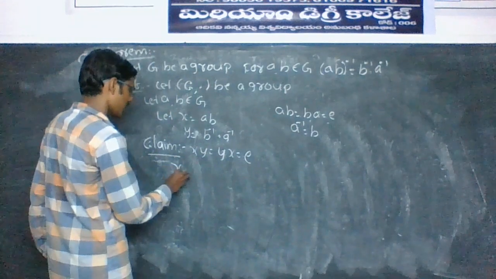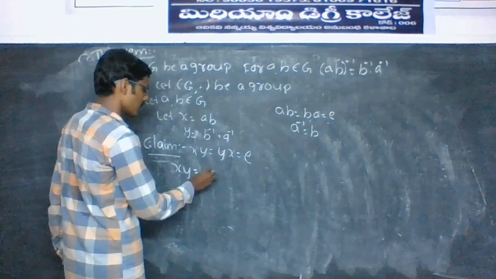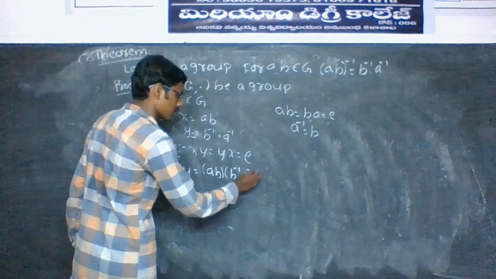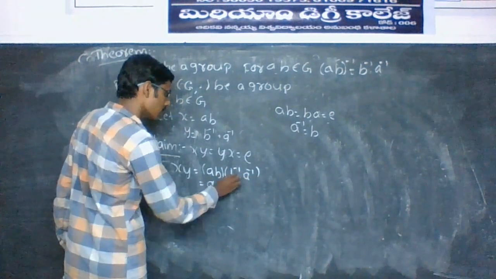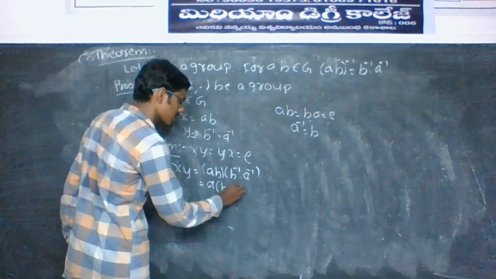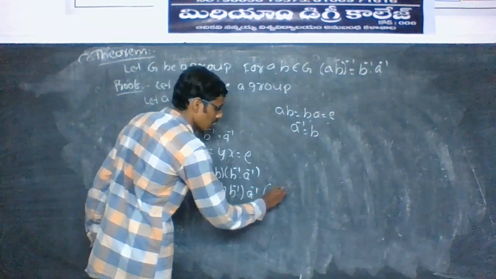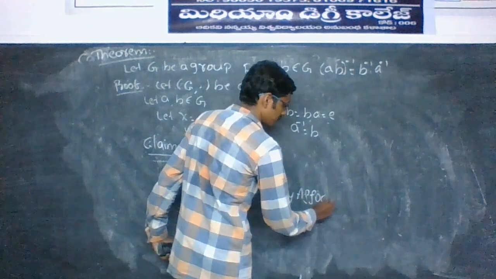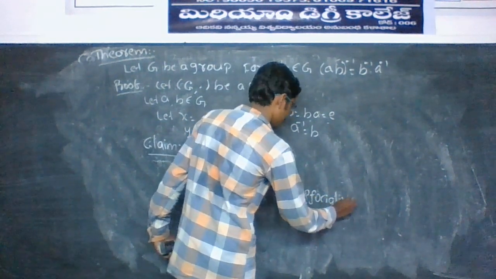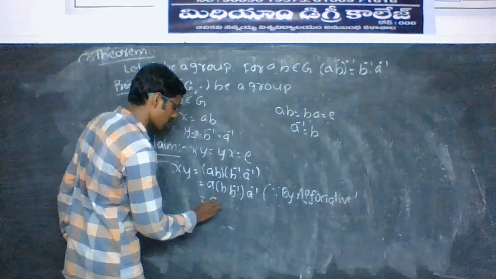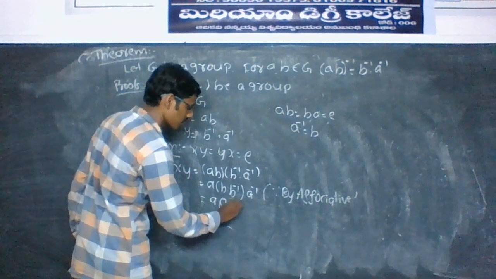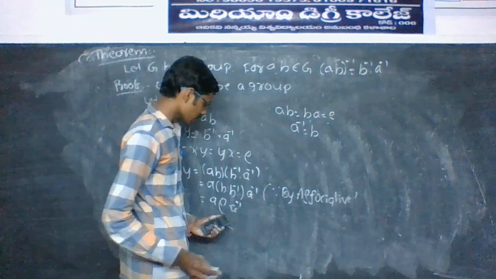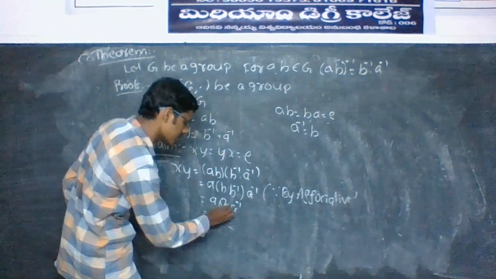First XY. X means AB into B inverse into A inverse. By the associative law, A into B B inverse into A inverse. By the inverse law, B B inverse is equal to E. E is the identity element.